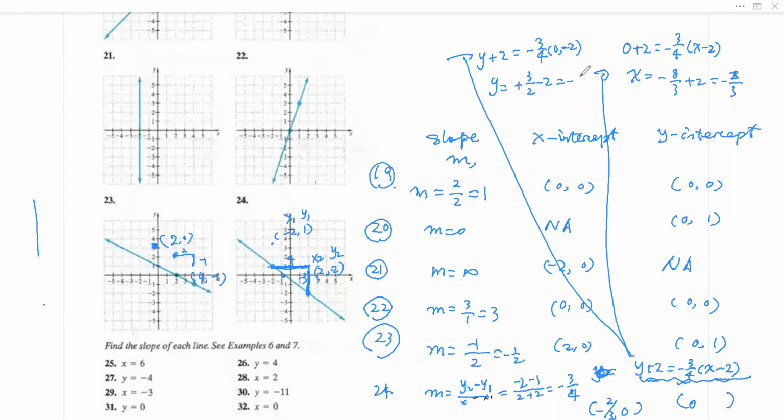So actually negative half, right? So it's 0, negative half. All right. So this is a little bit more complicated, a little bit challenging. So hopefully you guys can use this method to find the slope, find the x-intercept, find the y-intercept.